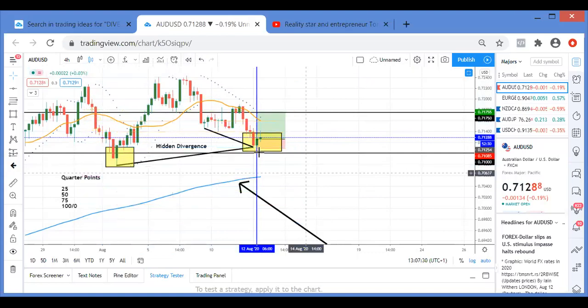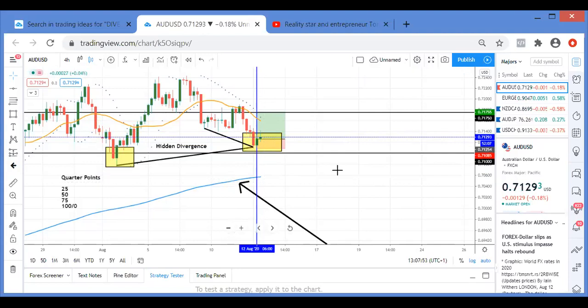Even though this didn't touch this, I know that it will retrace around this area. So guys, it's not the fact that they have to hit or it's going to retrace exactly there. You want the market to come in and around the area. If it touches, great. If it doesn't, then it is what it is.